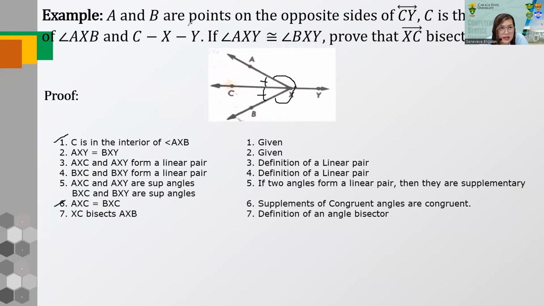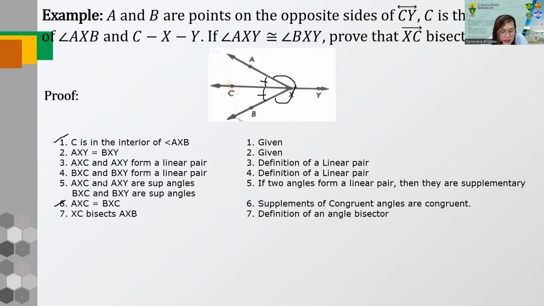So class, daghan good ways to prove. So di ko sure kung ano gani akong proof sa akong direct proof, kay daghan man kaayo og mga postulates, mga theorems nga pwede apply. Or kung wala ni nako na dumduman nga supplements of congruent angles are congruent, pwede nako i-solve nga kadtong sila duha ay linear pair man.